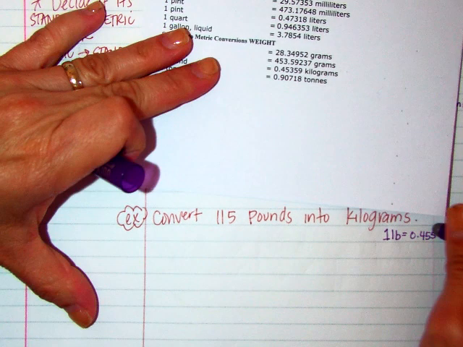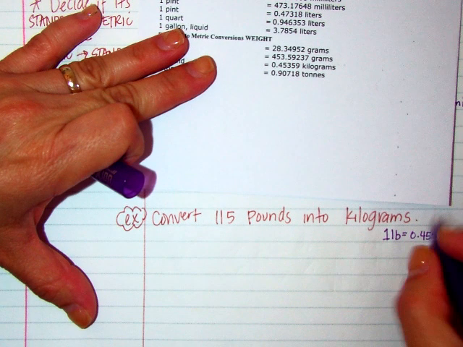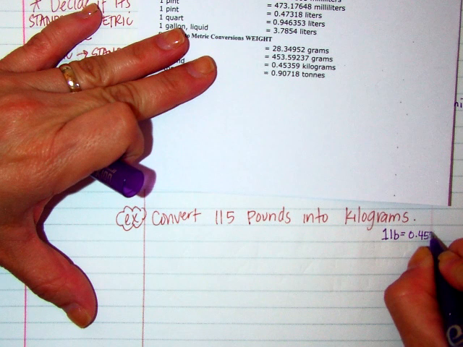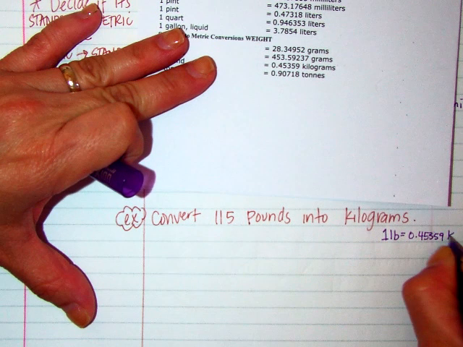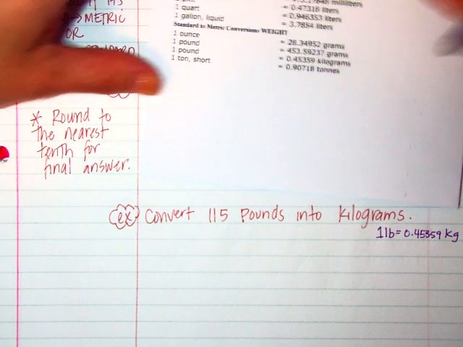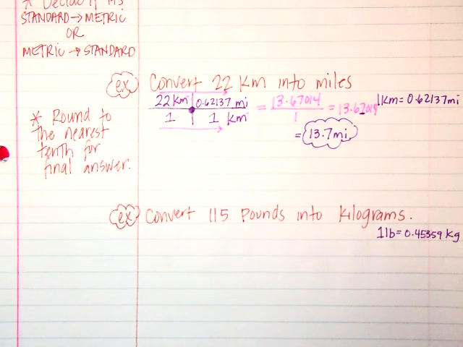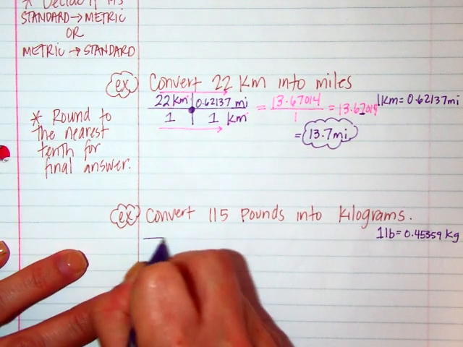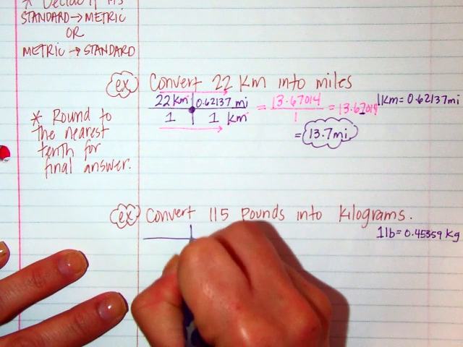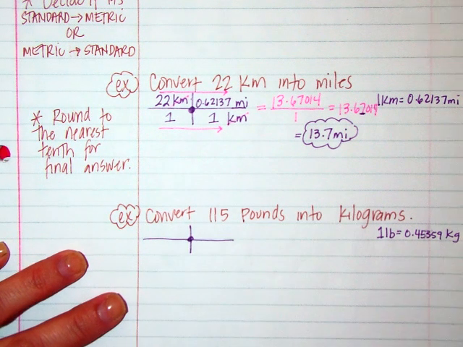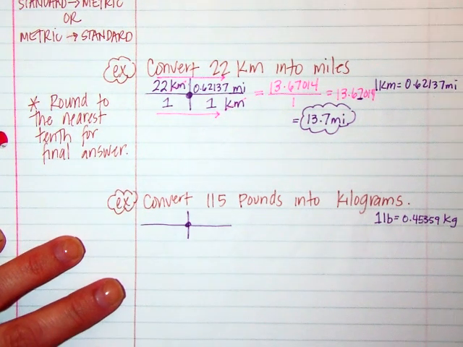So let me fix that real quick. Okay? All right. Let's set it up. Remember, you can pause this at any time so that you can set up and then solve it on your own, and then check your answer with me.